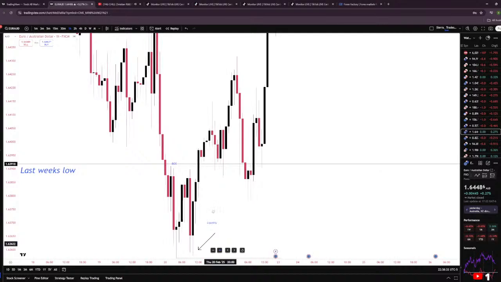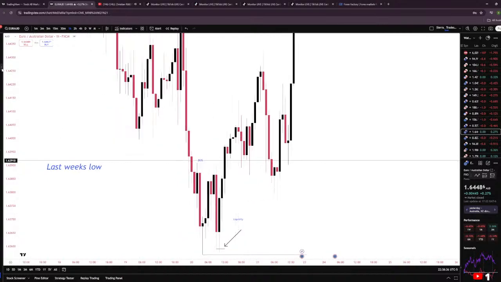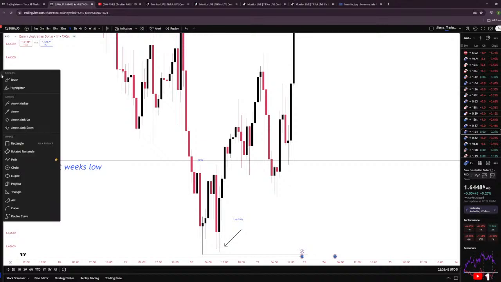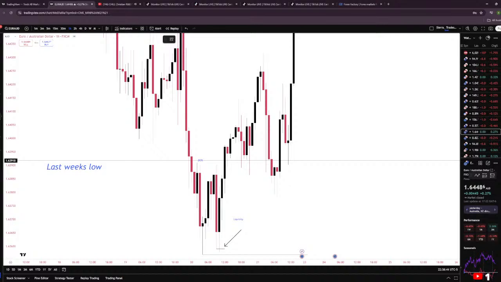And remember, a fair value gap is like a hole in the market. All right. So this is a fair value gap. This is a fair value gap, right? Because if you look at the rest of these candles, you see we have long wicks on the other candles that price trades into the candle before it.